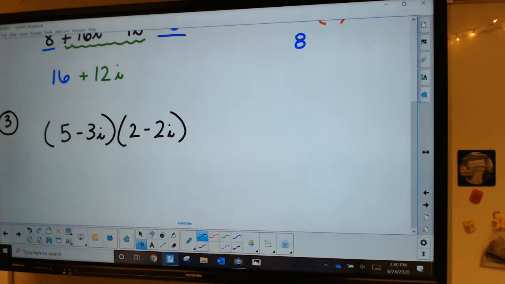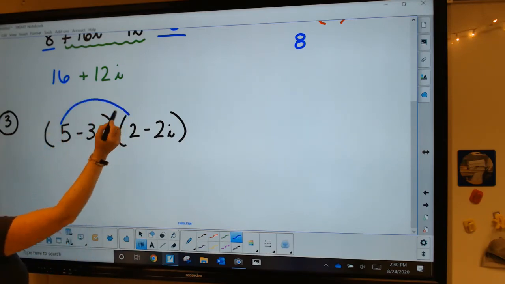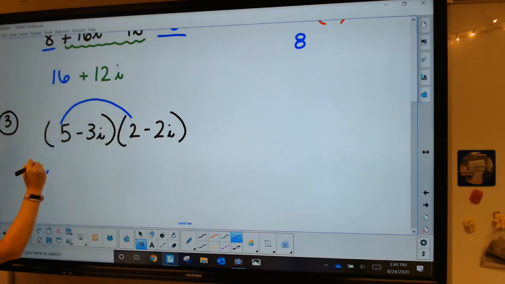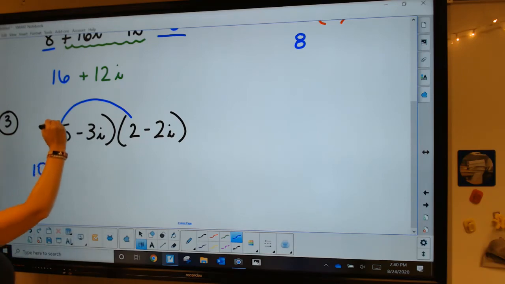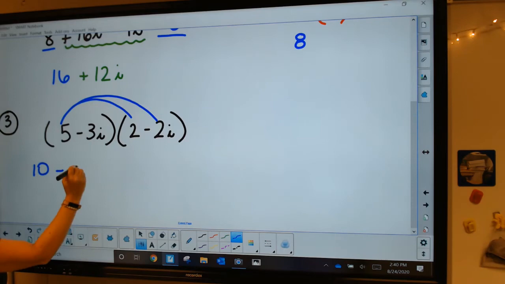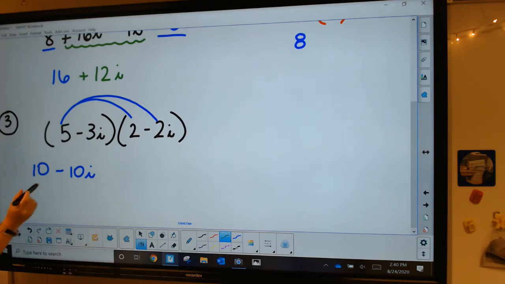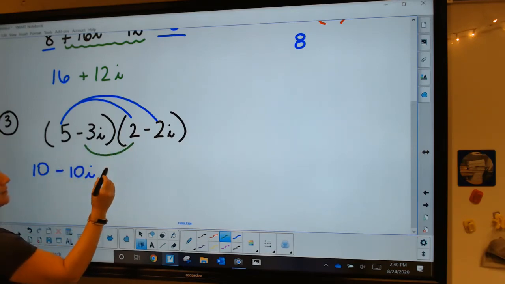So I'm going to distribute. 5 times 2 is 10. 5 times negative 2i is negative 10i. Negative 3i times 2 is negative 6i.